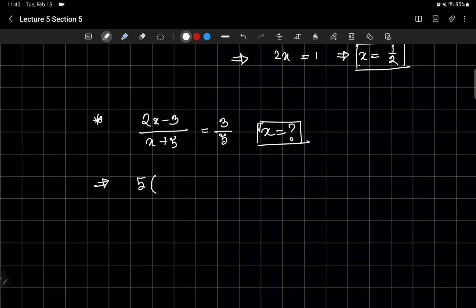Okay, so is there anyone who's not familiar with cross multiplication? Is there anyone who doesn't understand how I jumped from line 1 to line 2? If you don't understand this, please ask. There is no shame in asking.